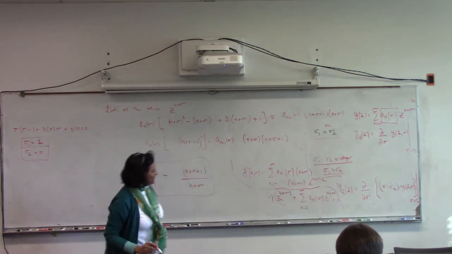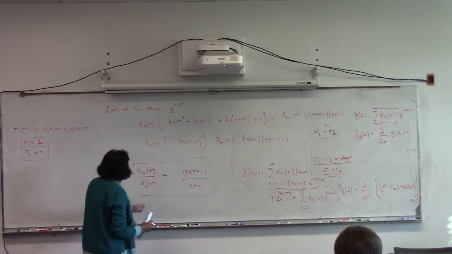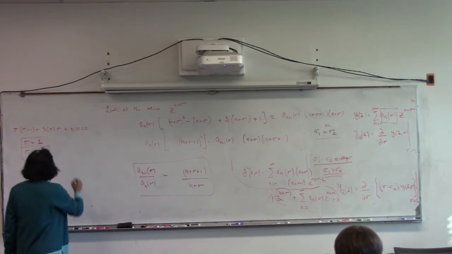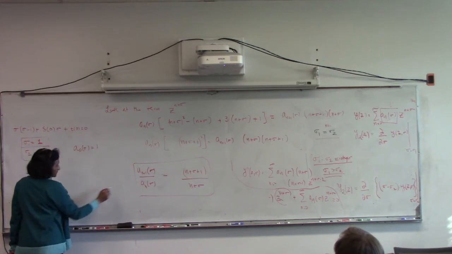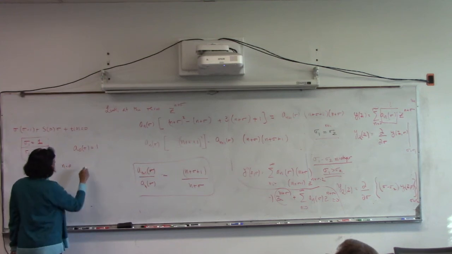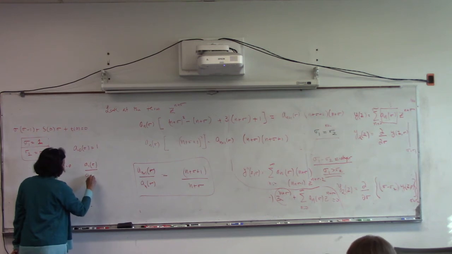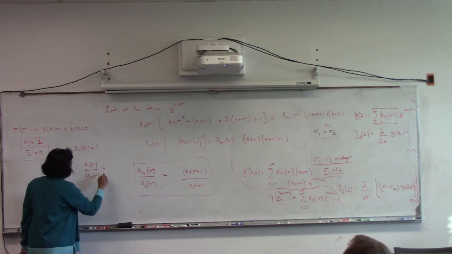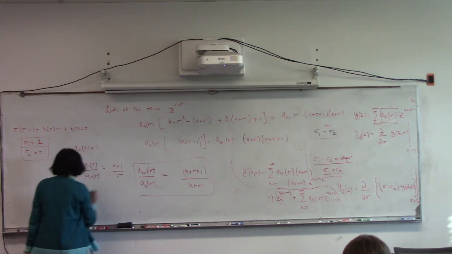Because that's the main thing that I have to do in this method. And we also know that I could take a_0(sigma) equal to 1. So for n equal to 0, I have a_1(sigma) over a_0(sigma) would be sigma plus 1 over sigma.